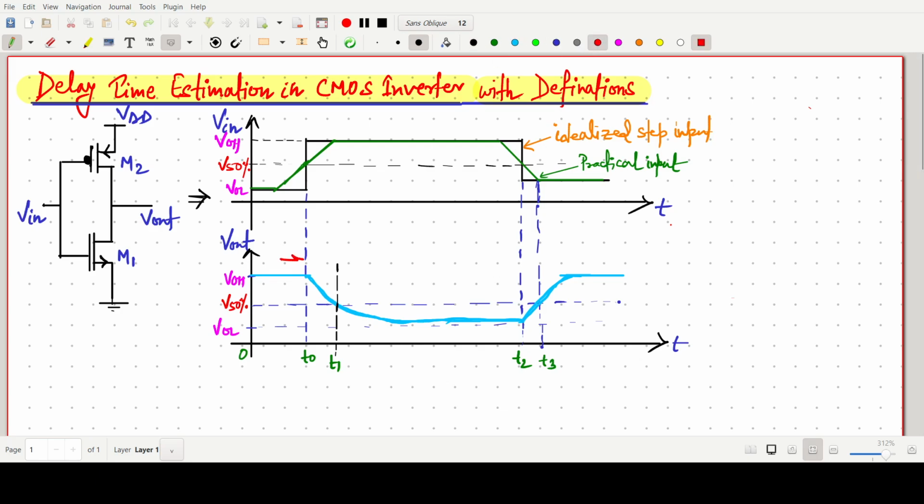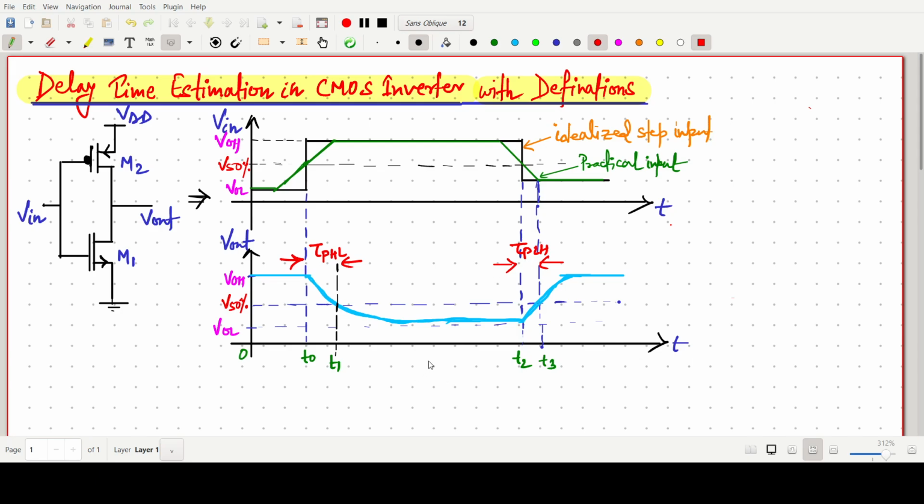So this time span is called our tau PHL, the propagation delay from high to low, when the output goes from VOH to 50%. And this one is called our tau PLH, low to high.